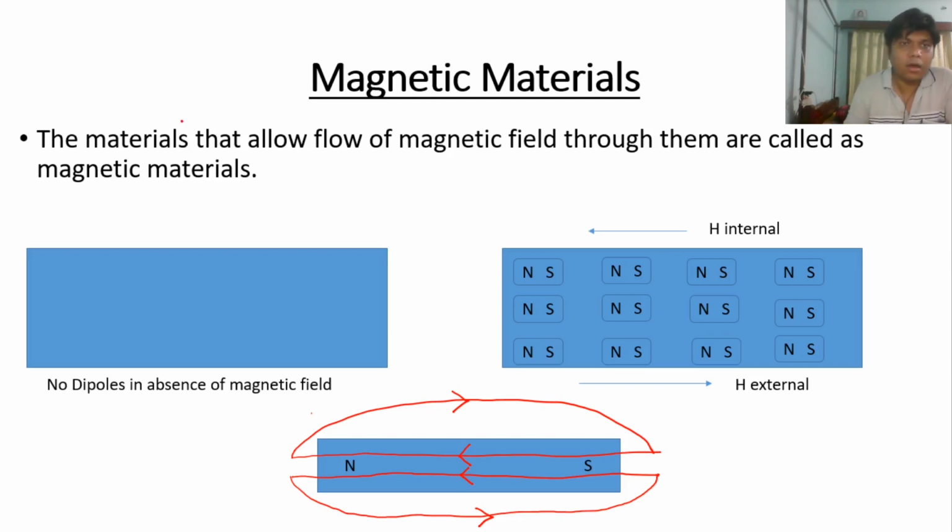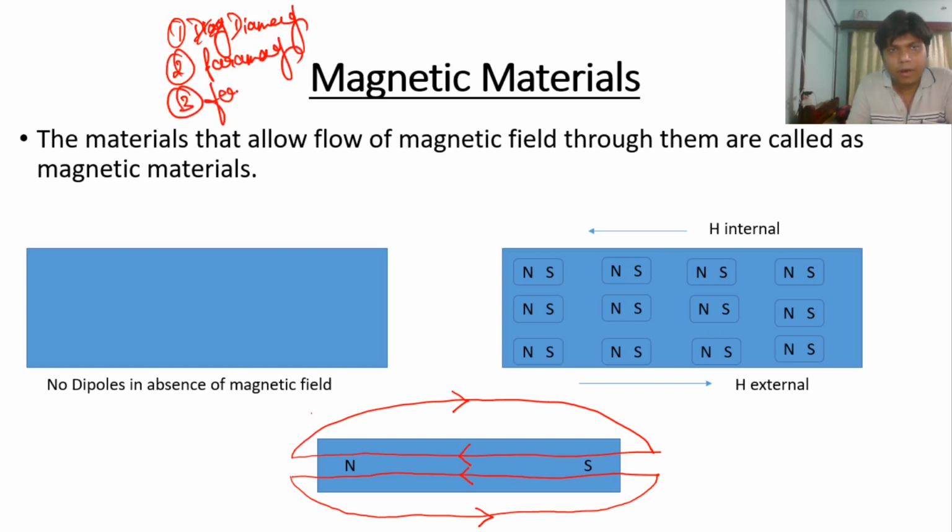First one is diamagnetic materials. Second one is paramagnetic materials. And third one is ferromagnetic materials. In this particular lecture we will discuss the diamagnetic materials.